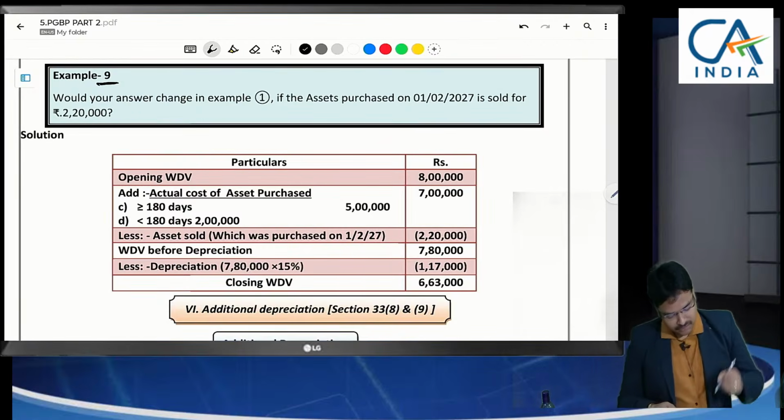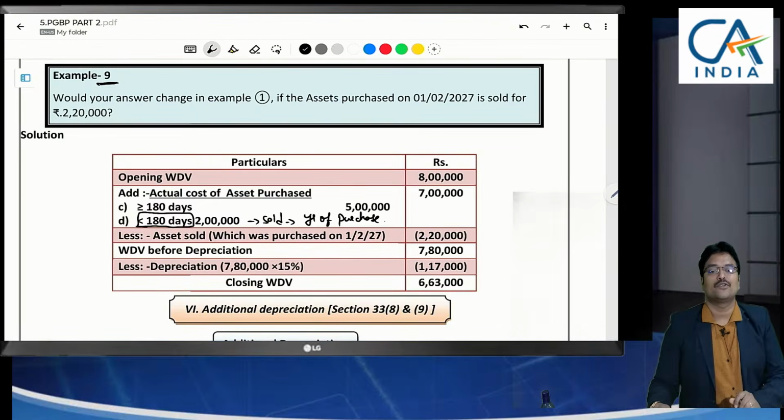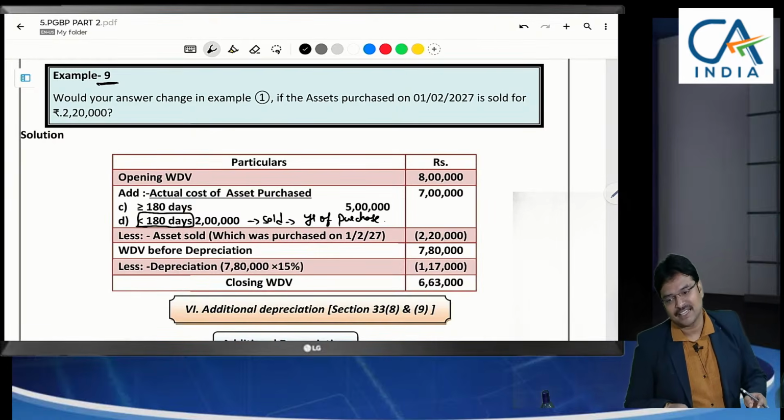Whenever the asset which was put to use for less than 180 days is being sold in the year of purchase itself.